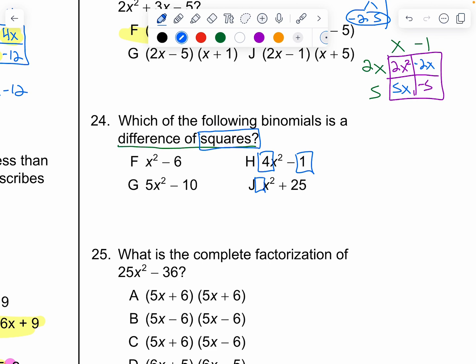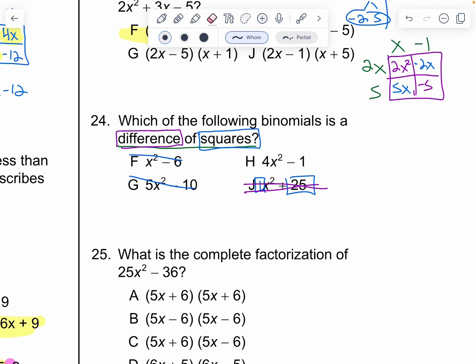Also in J, we have perfect squares. 1, even though it's not written there, is a perfect square, and 25 is. Here we don't have perfect squares on any of those numbers, so that's that. And then the word difference. So difference of squares means we're subtracting. The word difference means subtraction in math. So there's a minus sign. That's got a plus sign. H is the answer we are looking for.